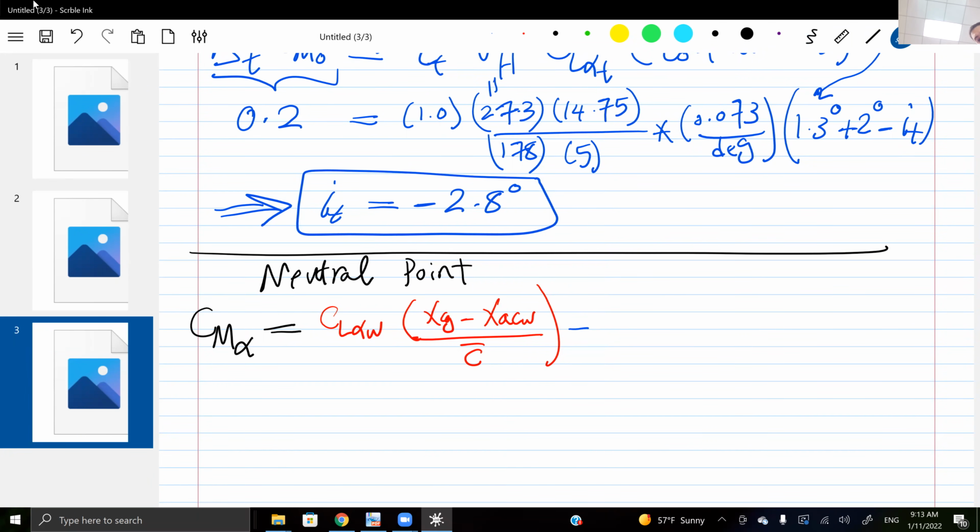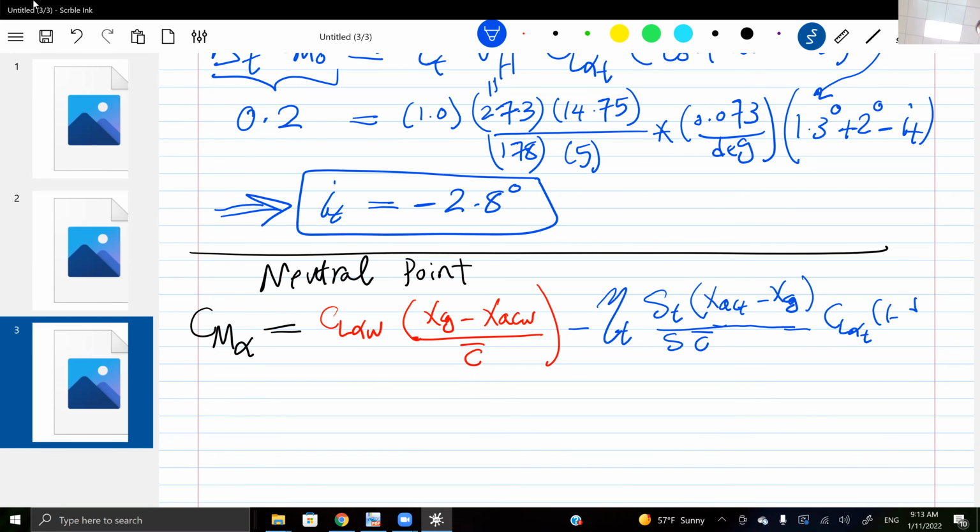Sorry, this is negative, of course, it's a big mistake. CM alpha is negative and the tail contribution is negative. So eta tail VH, which is S tail L tail over S C bar. This L tail is nothing but the distance between the CG and the aerodynamic center of the tail, times CL alpha tail times 1 minus d epsilon by d alpha.